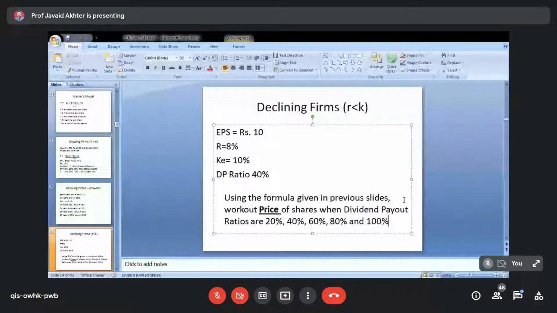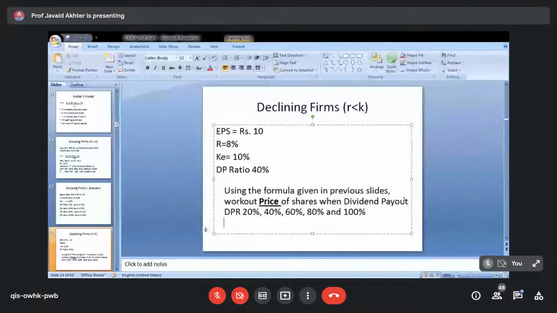These are your dividend payout ratios. And what are the prices? Although I have it in the messages we have sent, can some of you tell me what the price is at 20%? So 84.